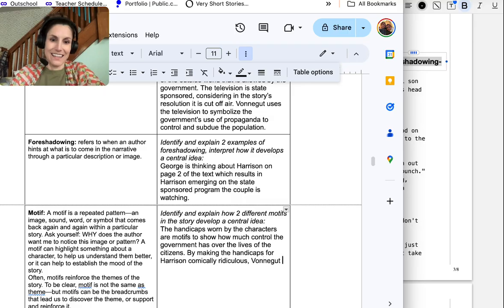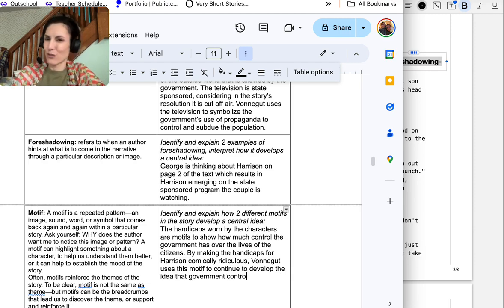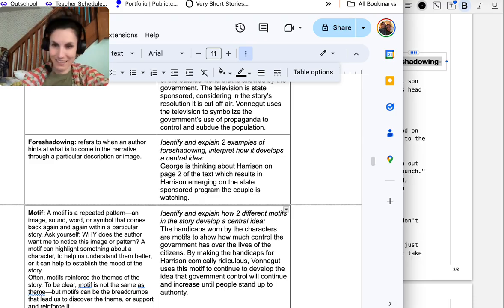Vonnegut uses this motif to continue to develop the idea that government control will continue and increase until people stand up to authority. Something along those lines. That could be a motif, how a motif builds a central idea.